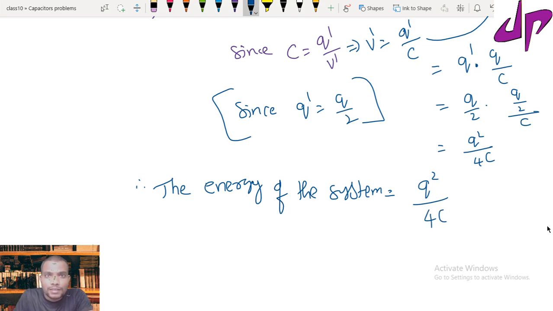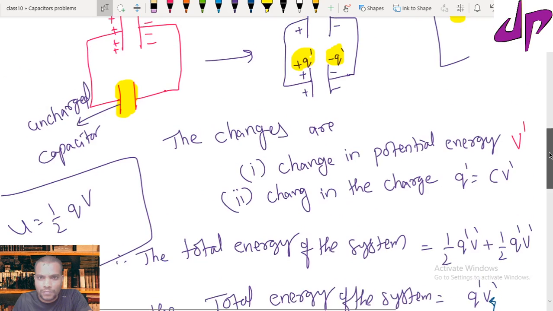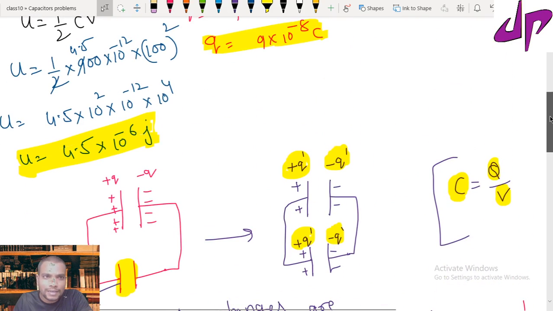But in the system, after combination, we don't know what the q dash is, what the new charge is, and what the new capacitance is. For that, if we manipulate the above equation, I would like to write half times half q square by C. Since we know this value, half q square by C, from the first equation, we can get that.